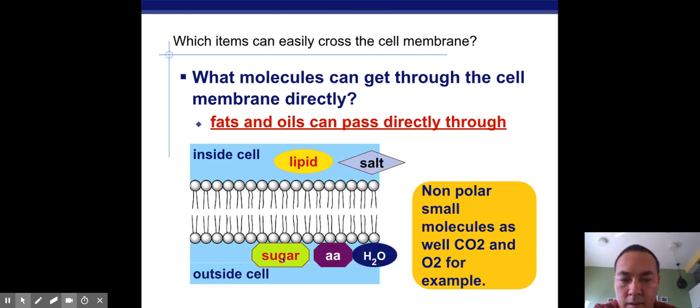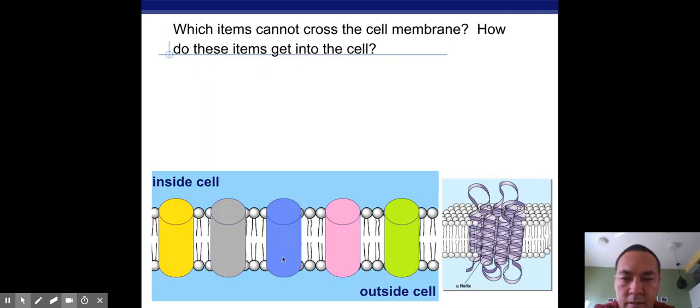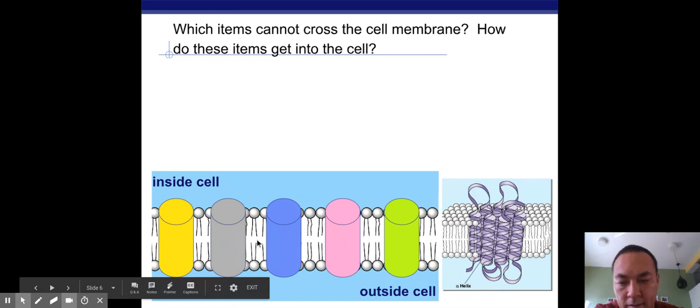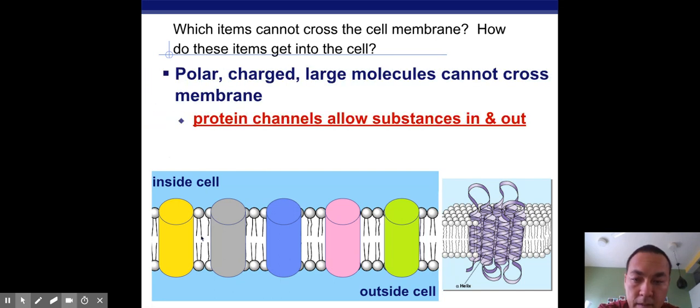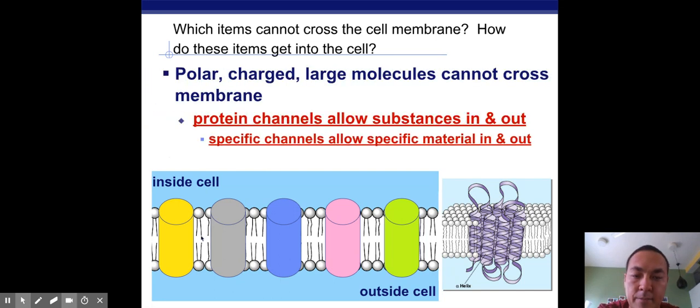Okay, so here we go. If they can't pass through the membrane, so let's say that they're polar, they're charged. It could be a sugar molecule, it could be like Na plus, like a cation, or it could be an anion. Well, how does it get into the cell? They need to use protein channels.